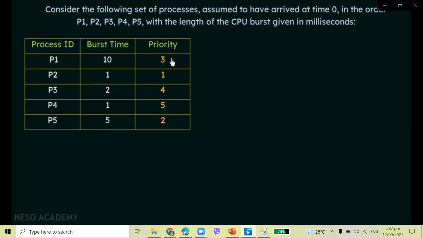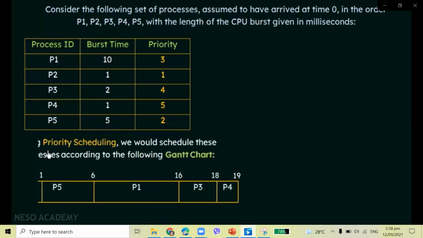Alright, so now we will form the Gantt chart if these processes arrive in this order, with these burst times and this set of priorities. Using priority scheduling, we would schedule these processes according to the following Gantt chart.